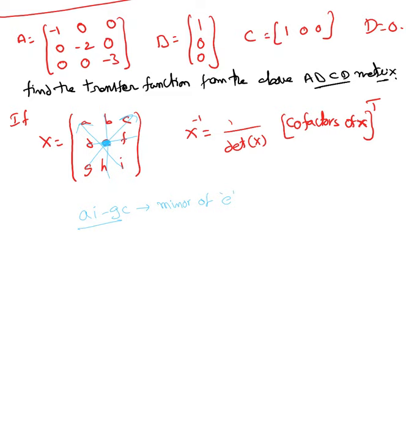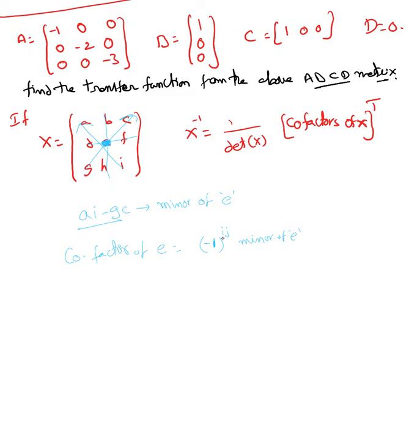Once you find the minor, then find the cofactor of E. The cofactor of E is equal to minus 1 to the power of rows plus columns, which is i plus j, times the minor of E. If you look at E, it is in the second row and second column.